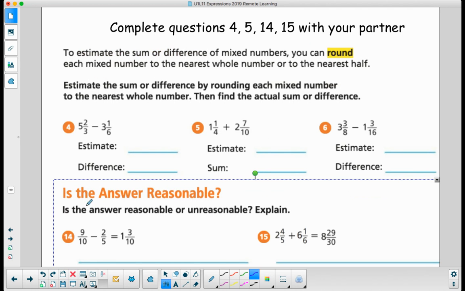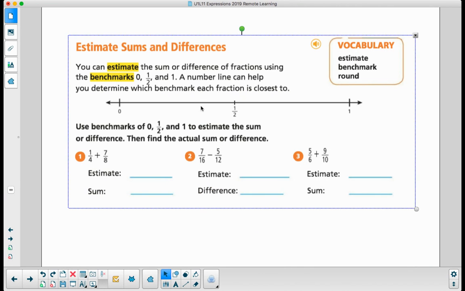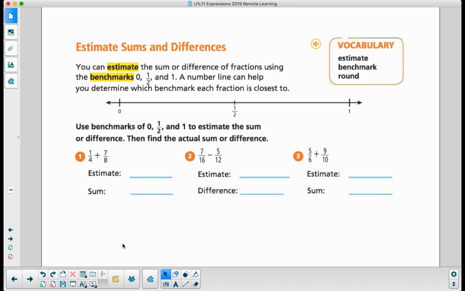It's the same page. Here's some more. Mixed numbers. 5 2/3. Now, let's see if I can. I can't. Let's do this for you guys. Let's grab this nice little piece, though.